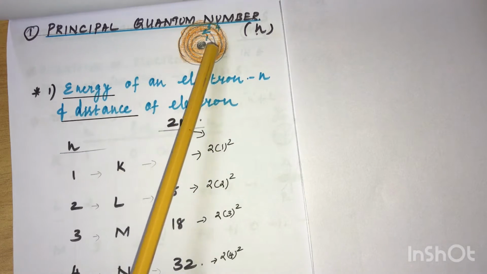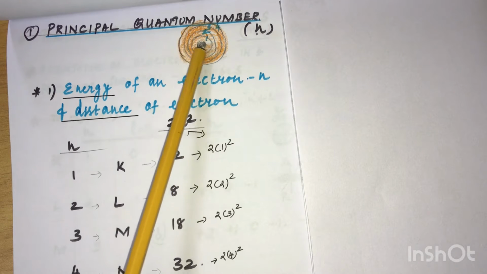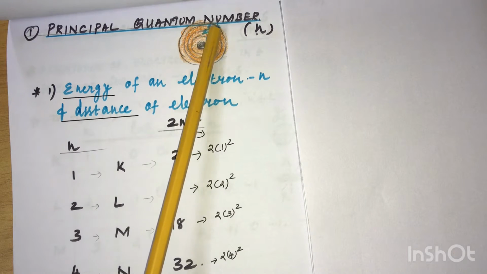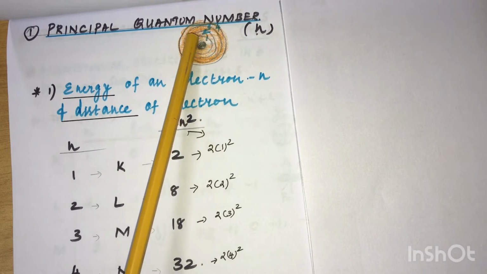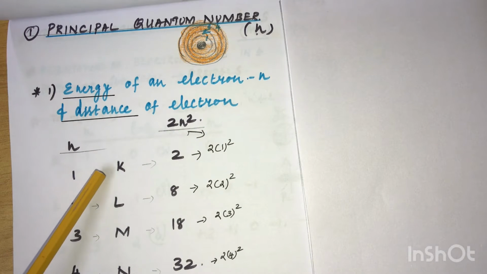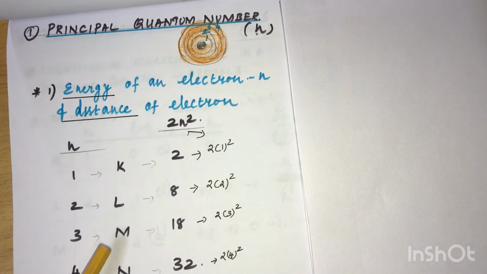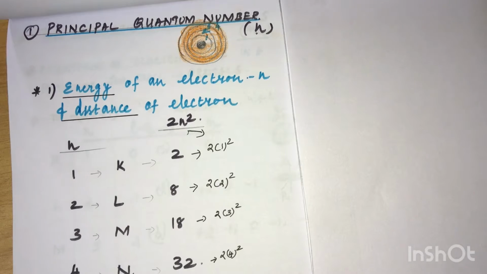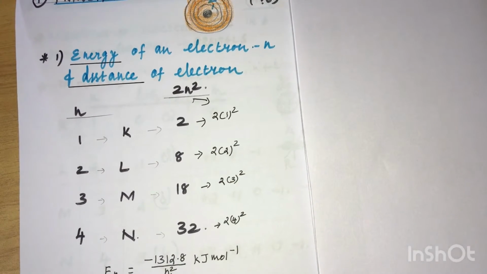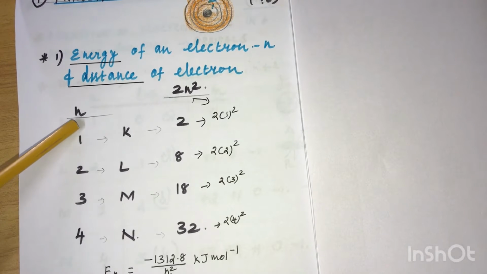For example, the energy levels, the stationary orbits around the nucleus, can be named K, L, M, N. So the energy levels around the nucleus can be named K, L, M, N, and for those energy levels the value of the principal quantum number n can be written as n equal to 1, 2, 3, 4.